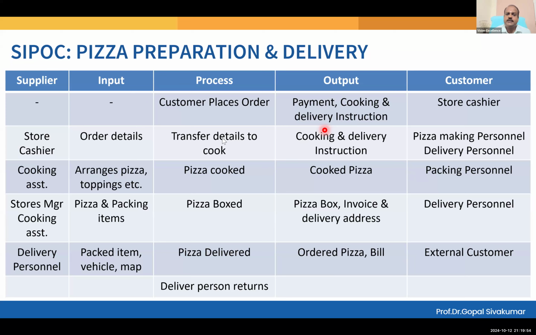So this is how you need to create a SIPOC. It is nothing but an Excel table. Yes or no? Yes, sir. But if you are not even able to develop this SIPOC diagram, what does it confirm? It confirms that you are not going to do anything in the project.